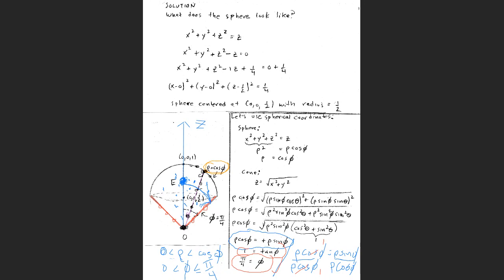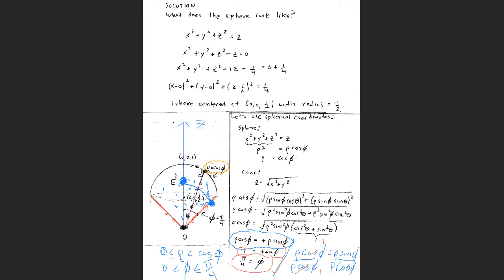Zero. Good, Charles. What's the value of phi for this point right here, this point that I'm highlighting? What would it be? Pi over 4.